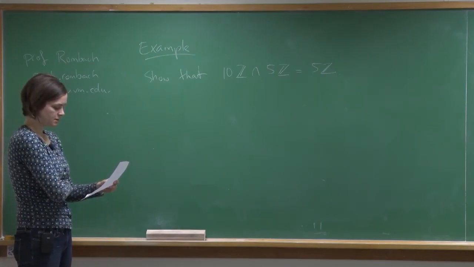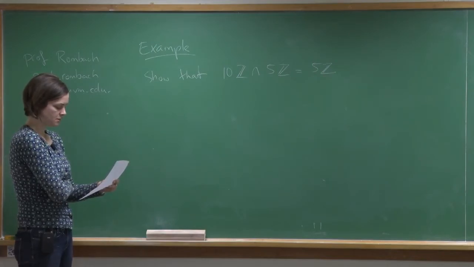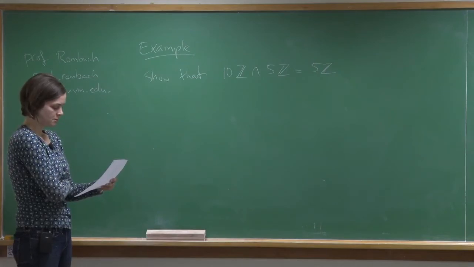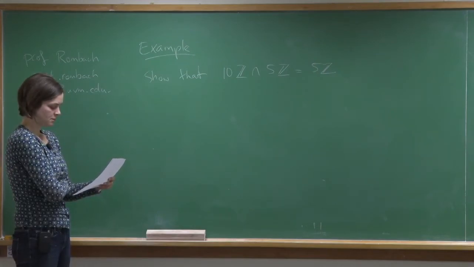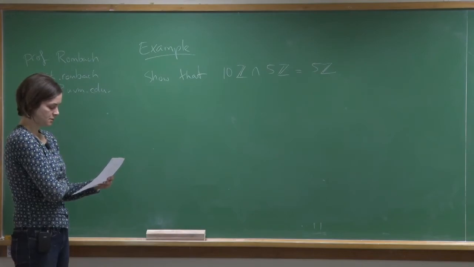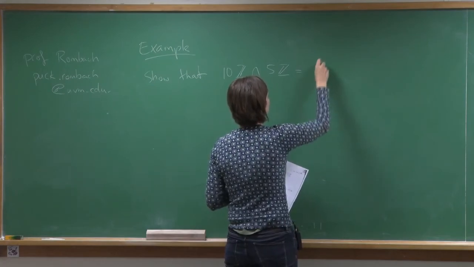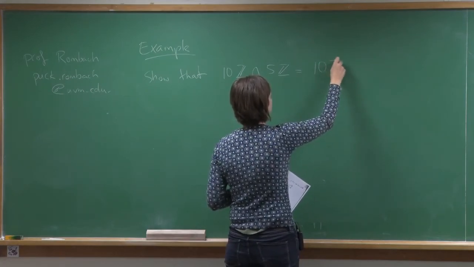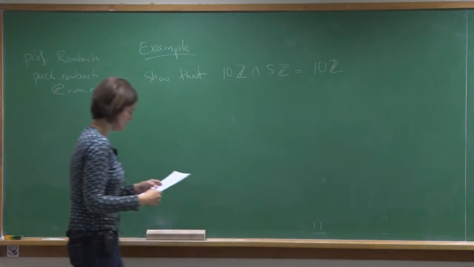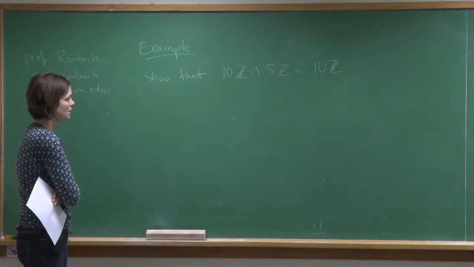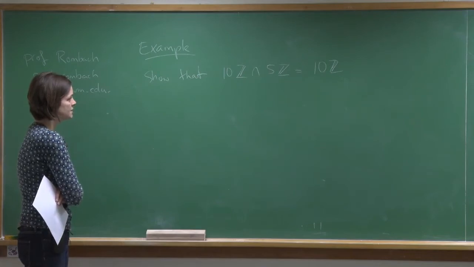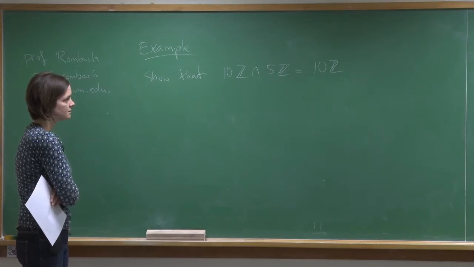Wait, this doesn't make sense. That's not true. I think he meant 10. Okay, that makes more sense. So if we take the intersection of these two, then we just get the multiples of 10.